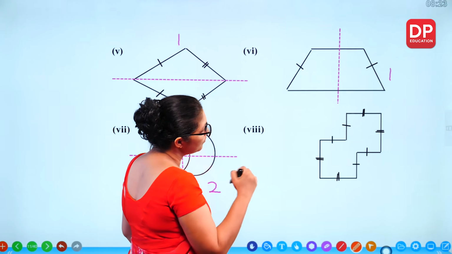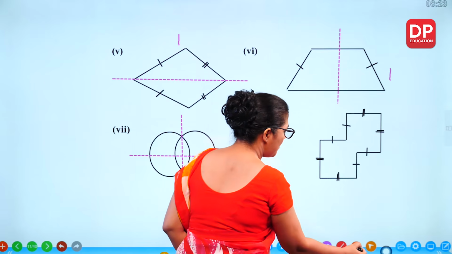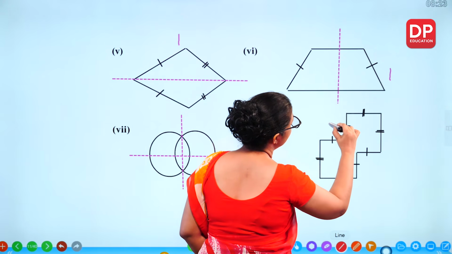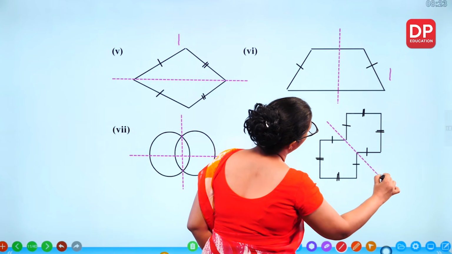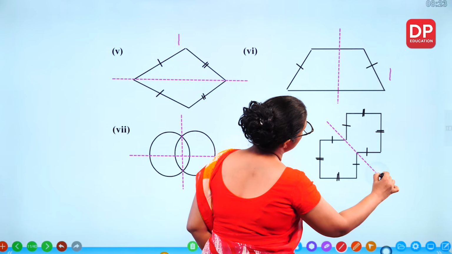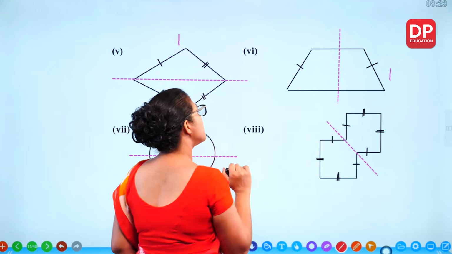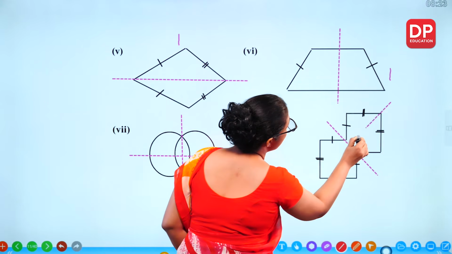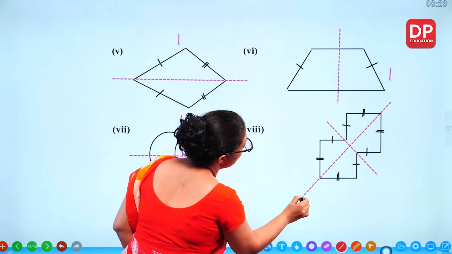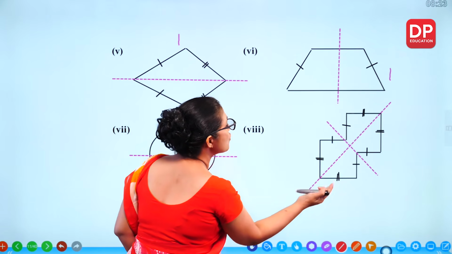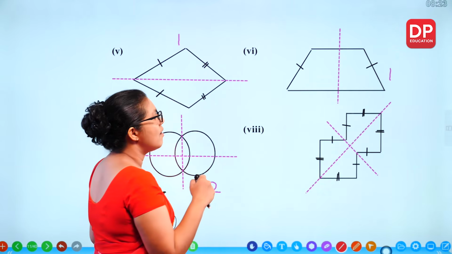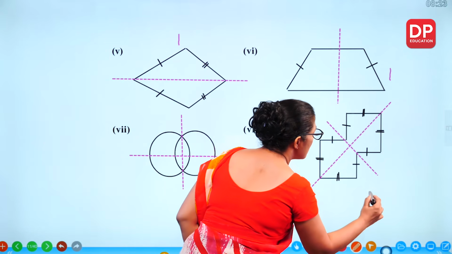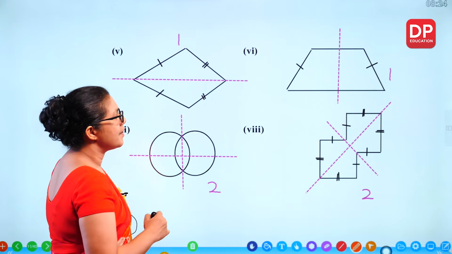This one. These two lengths are equal. That means I can draw a line here. I can fold it this way. You get the same shape. What about this way? This way also I get same thing on the other side. So two axes of symmetry in this figure.